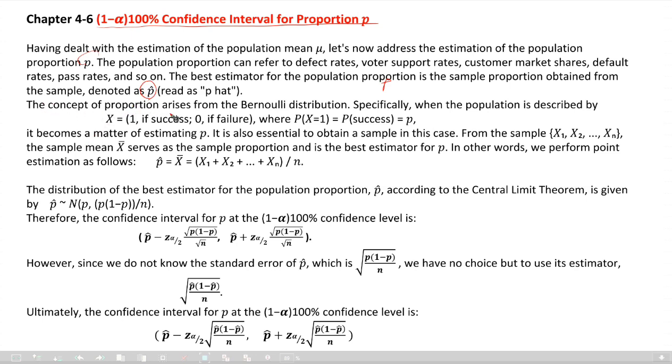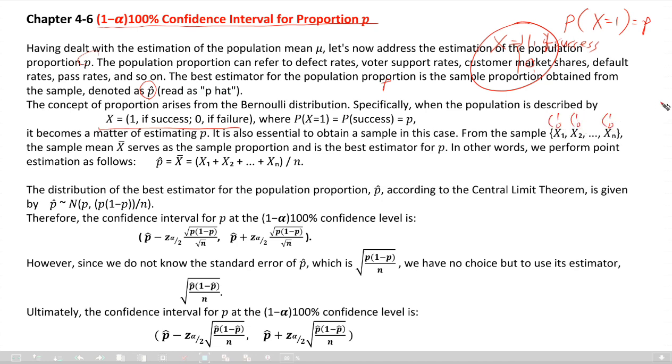The concept of a population proportion arises from the Bernoulli distribution, specifically when the population is described by X equal to 1 if success, X equal to 0 if failure, and the probability of X equal to 1 is small p. This is the population proportion. It becomes a matter of estimating p. It is also essential to obtain a sample in this case, x1, x2, ..., xn, where each takes 1 or 0.